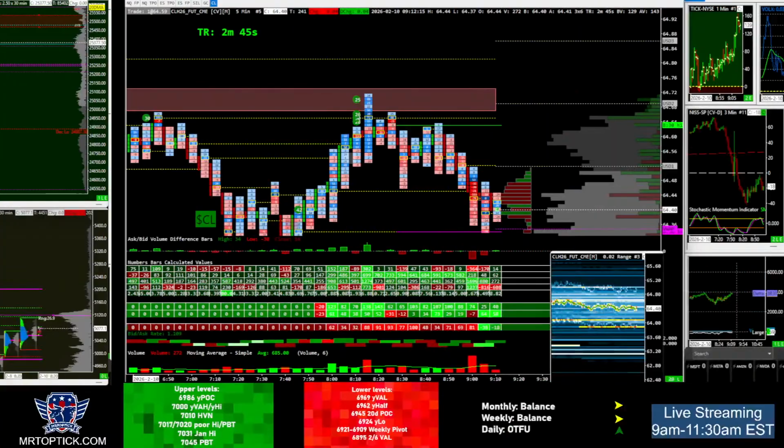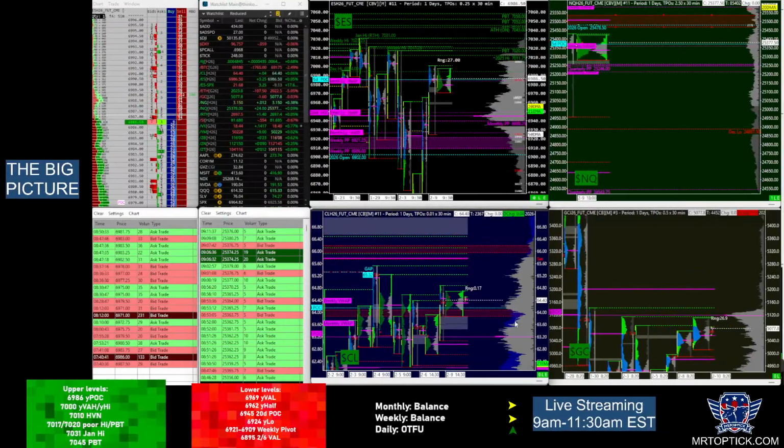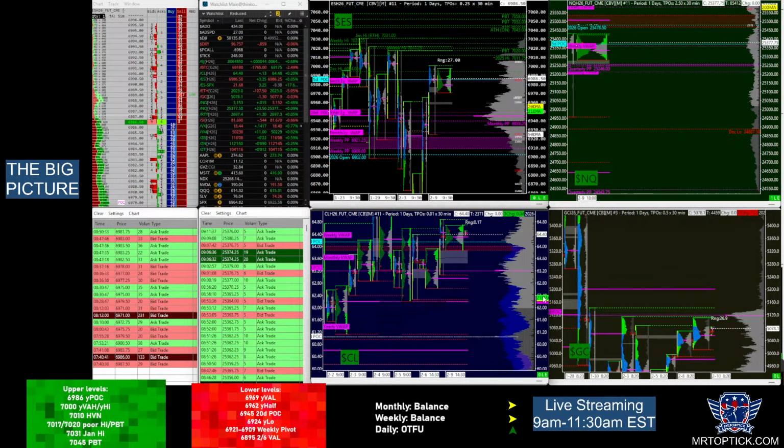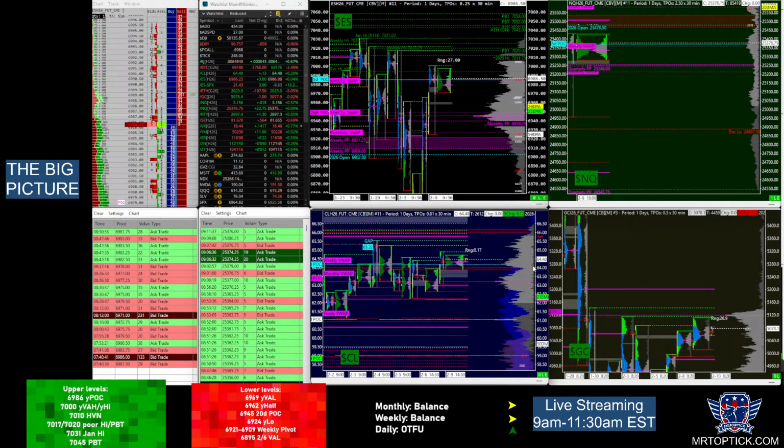Crude keeps going back and forth through these two distributions, so you can see that this is forming as a profile.